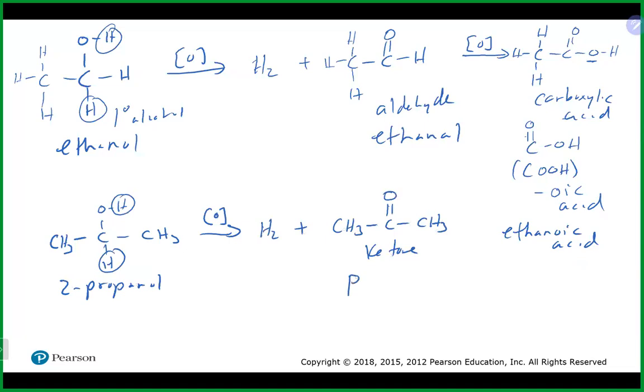It gives us propanone. And once again, no more oxidation occurring there, so nothing happening after that guy. So we can look at these oxidation reactions and run a couple of tests to see whether or not we can form a carboxylic acid. Out of the two here, the aldehyde or the ketone, which is the only one that will form the carboxylic acid?